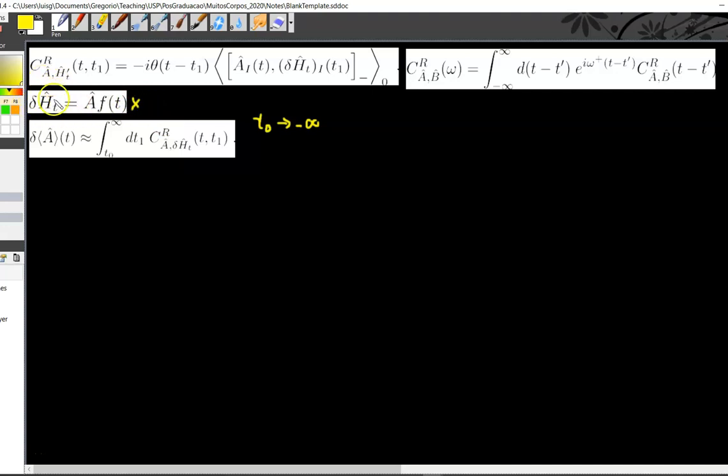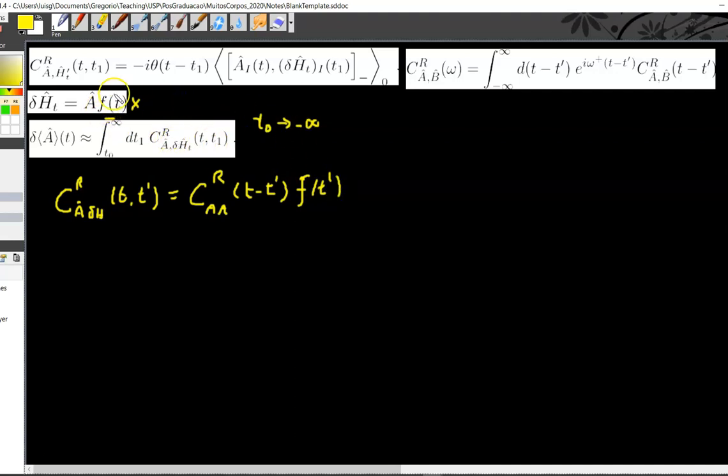Okay, so doing that, and we also want to have this, right? The form of the perturbation is proportional to A itself. All right, from that we can see that the retarded correlation function of A with delta H at t prime, let's say, is precisely the retarded correlation function of A with A at t prime, and I'm going to write something like this, times this function here at t prime.